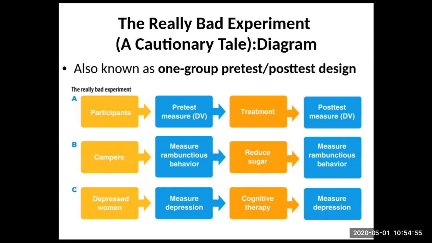We can't know for sure that it was the cognitive therapy that reduced their depression, if anything. So again, this idea of the one group pre-test, post-test design is really problematic, especially if you don't have anything to compare it to.